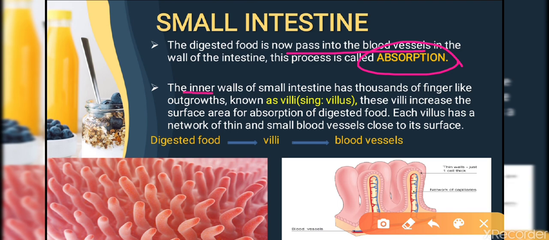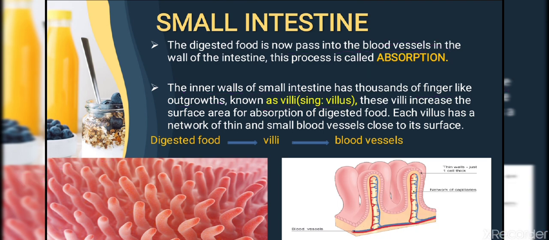Students, the inner walls of the small intestine have thousands of finger-like outgrowths as in the figure. These are the villi, and in singular we call them vilus.